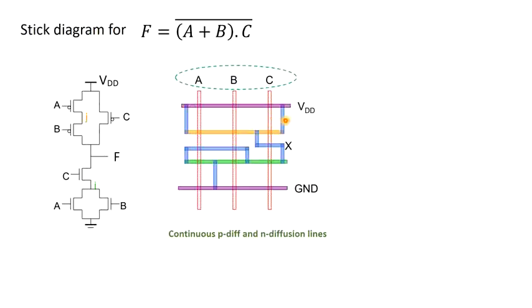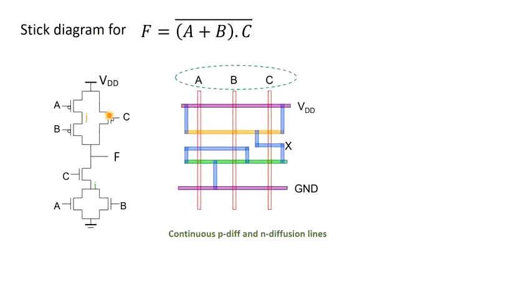Once you draw up to this part, then you have to think about the connections. For example, let us consider this pull-up network. For this pull-up network, A and C, both of their sources are connected with this VDD. So this is transistor A, PMOS. Its source is now connected with the VDD. This is the source for PMOS C, whose source is also connected with the VDD, right?